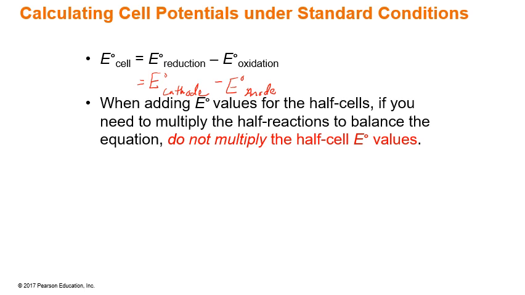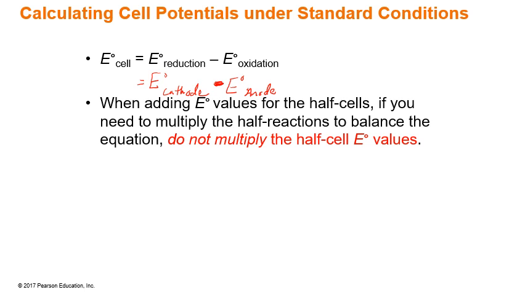Now, something that is a little different than some of the other properties that we've looked at is that when we add those potentials together for the half cells, or subtract them because we have to reverse the reaction, we do not multiply the half cell potentials.